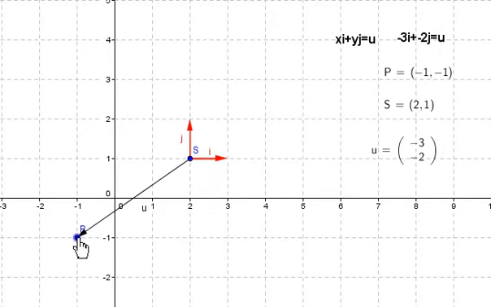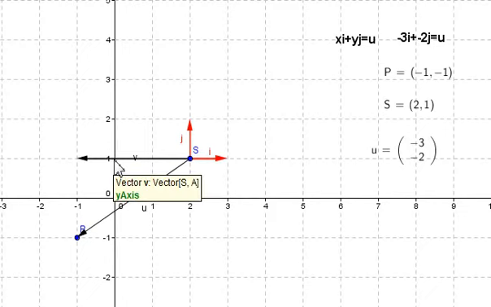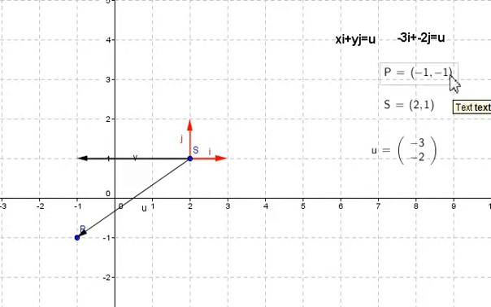Let's have another example here. So the coordinates of this vector are negative 1 minus 2, which is minus 3, one, 2, 3 units to the left, and negative 1 minus 1, which is negative 2, and 2 units down.